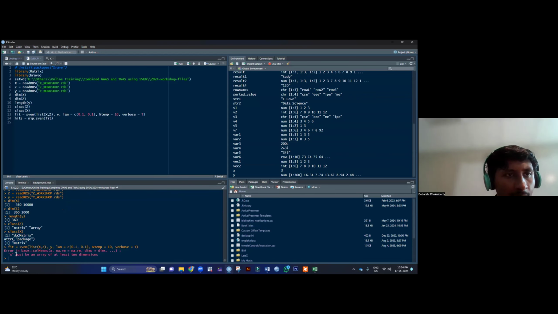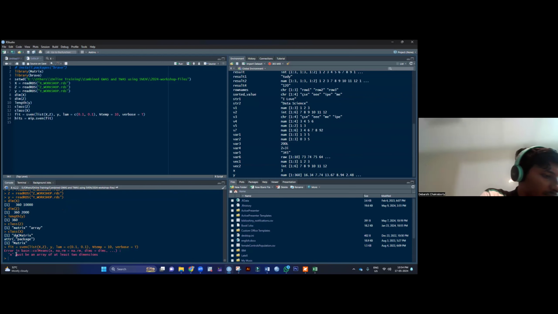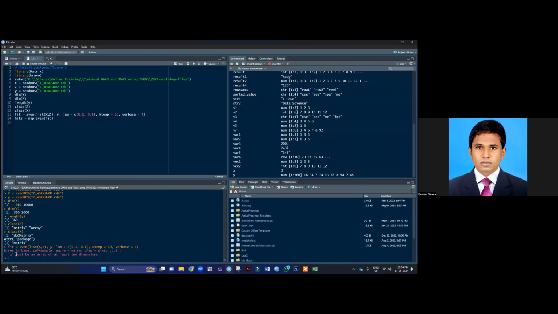I think it's the older version of the package that is installed on your computer. Maybe that's the problem. Okay, I just installed it. Then it shouldn't be, because the binaries are updated for every version of R. So okay, let me see. Error in base colMeans: X must be an array of at least 2 dimensions. Okay. Does it create any problem if the Matrix version is older?